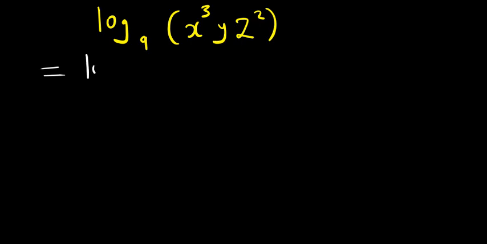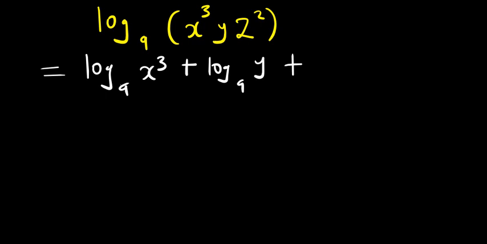So I'm going to have log, there is a here, I'm going to have x to the power 3, then plus log, the base is a, there is y, plus I'm going to have log, the base is a, z to the power 2 actually.